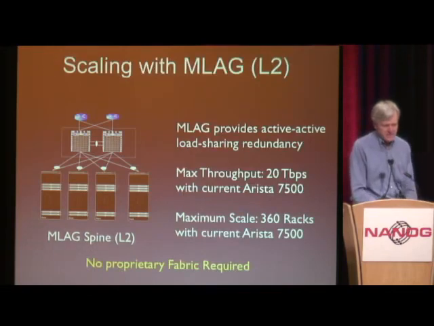So the layer 2 design is quite popular for building Hadoop clusters that are a couple of racks, or other things where people want a flat layer 2 kind of network. And this works today, no proprietary fabric required here, and gets people about 20 terabits of throughput for the size of these clusters, which could scale up to hundreds and hundreds of racks, but typically is a handful of racks.